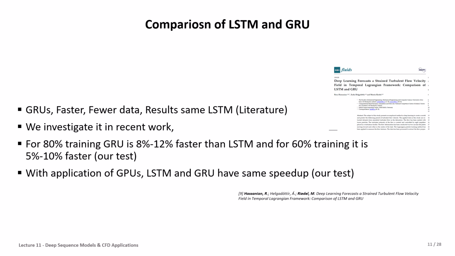The results show us that GRU works faster than the LSTM, as mentioned in the literature. For example, when we use 80% training data with GRU and LSTM, GRU was 8 to 12% faster than LSTM, and with 60% training, it was 5 to 10% faster. So it seems that working with CPU without GPU, GRU works faster than LSTM.